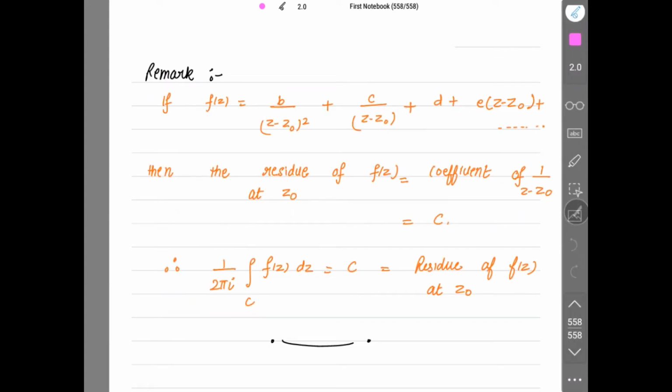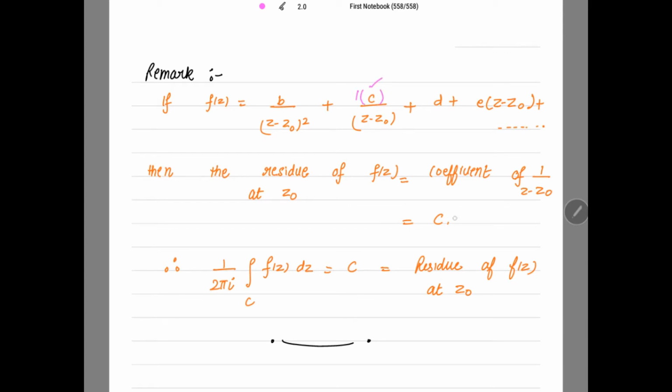Very important remark. If f(z) is of the form b over (z minus z naught) whole square plus c over (z minus z naught) plus d plus e into (z minus z naught) and so on, then the residue of f(z) at z naught is equal to the coefficient of 1 over z minus z naught. Now look at f(z). What is the coefficient for 1 over z minus z naught? c.